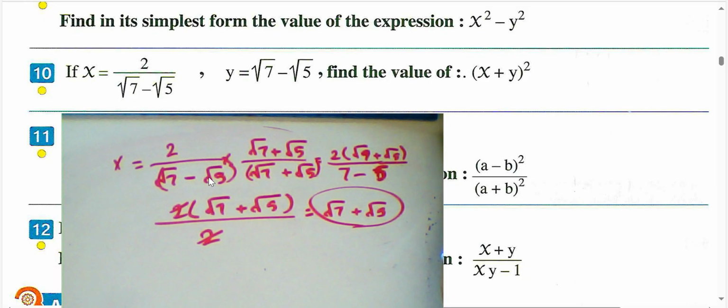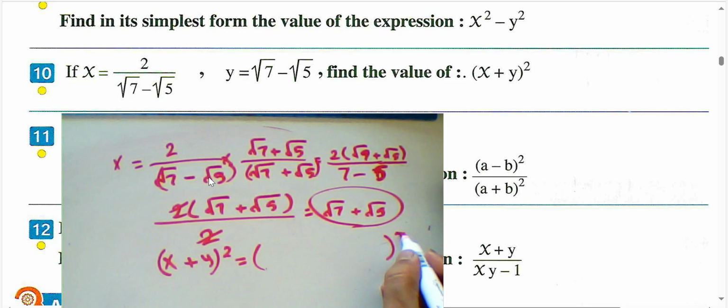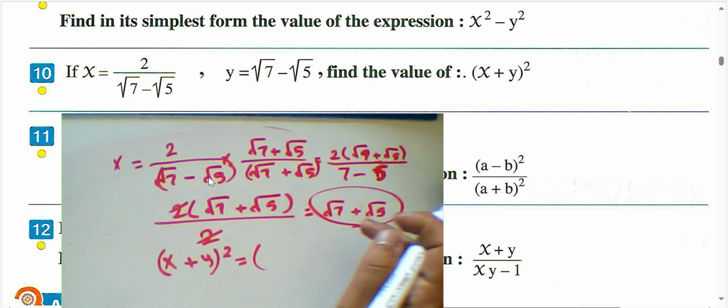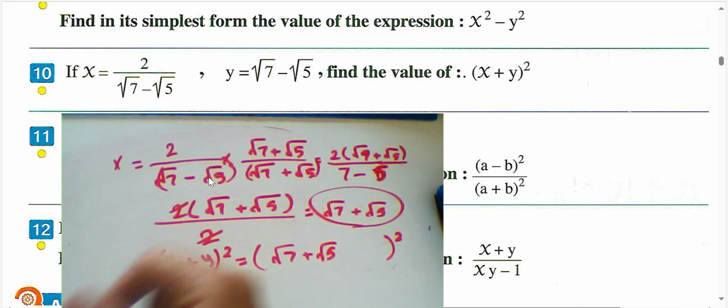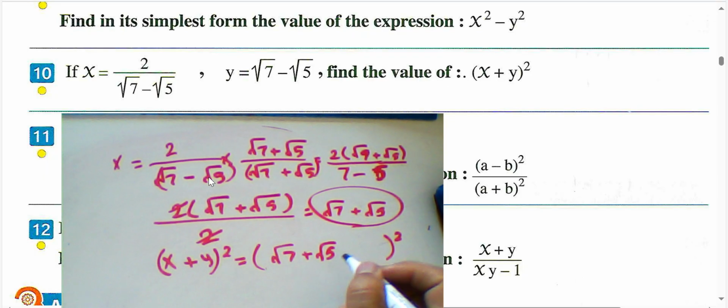Now we want to find x plus y, and then the answer power 2. We can write x, root 7 plus root 5, and then add y. y equals, as given in the example, root 7 minus root 5.